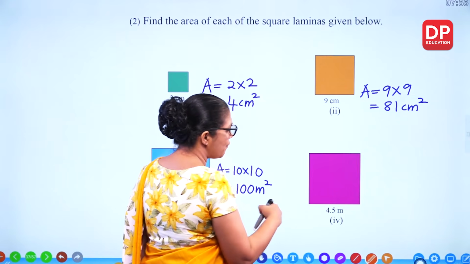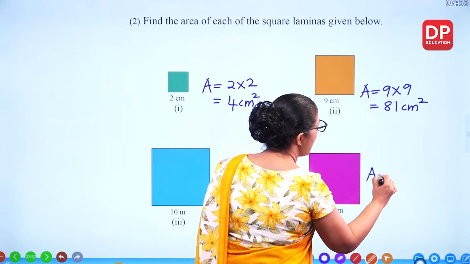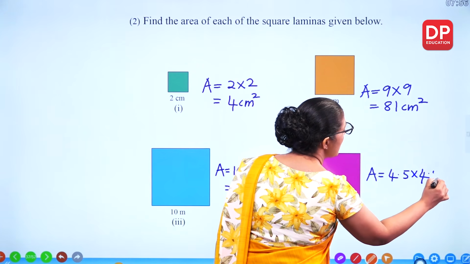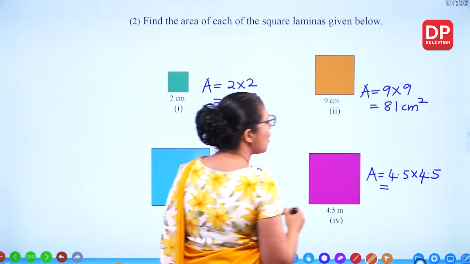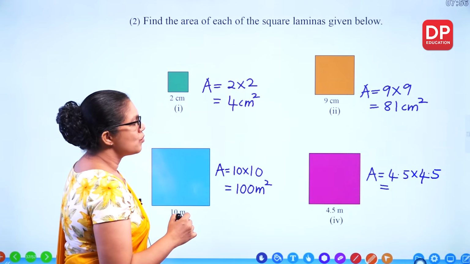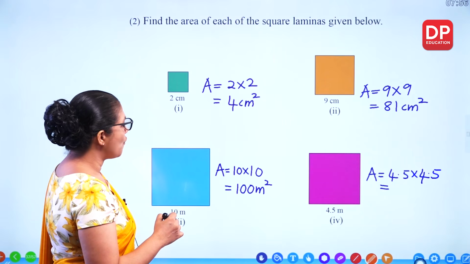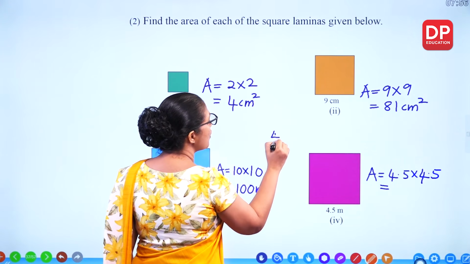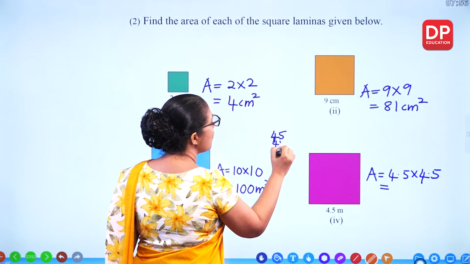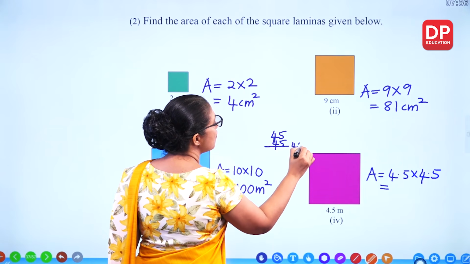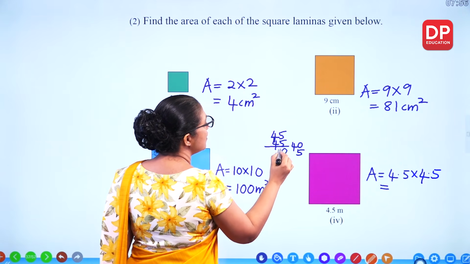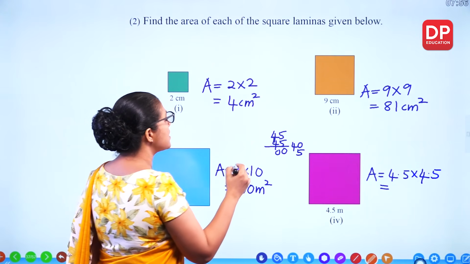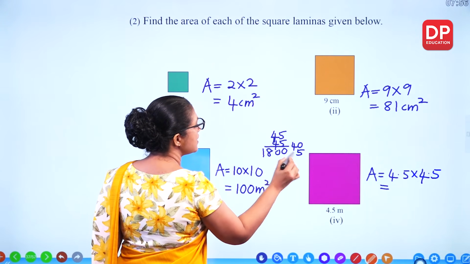This one is 4.5. So the area is 4.5 into 4.5. So multiply 45 into 45 and put 2 decimal places. So what is 45 times 45? 45 multiplied by 45. 40 and 5. 4 times 5, 20. 4 times 4, 16 plus 2, 18.